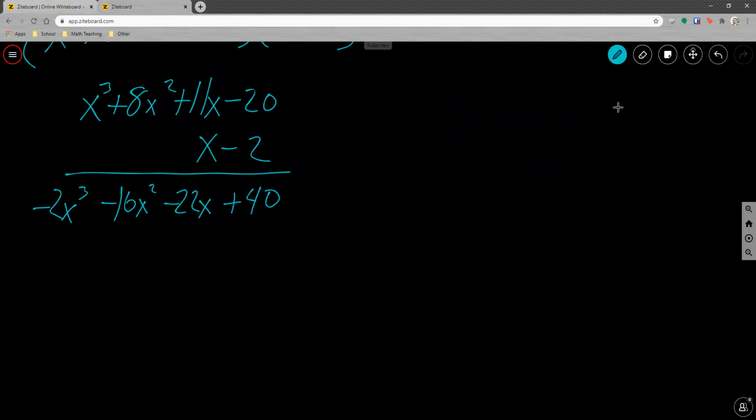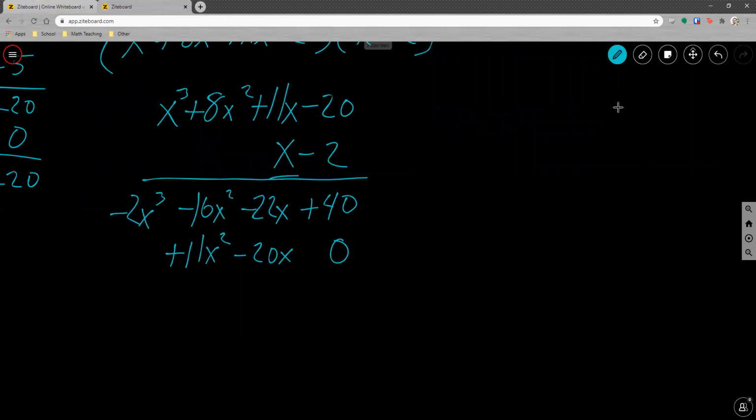Next row, I do the x times negative 20. Make sure to put that 0 there. I get negative 20x. x times 11x becomes 11x squared. And x times 8x squared gives me 8x to the third. And finally, x times x to the third gives me x to the fourth power.